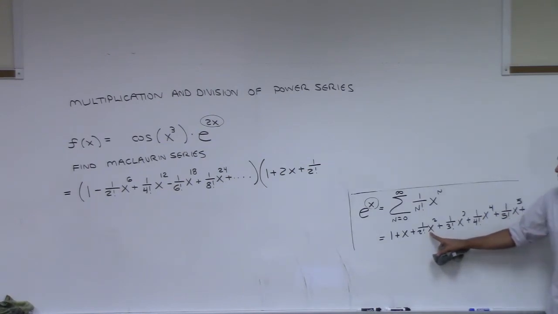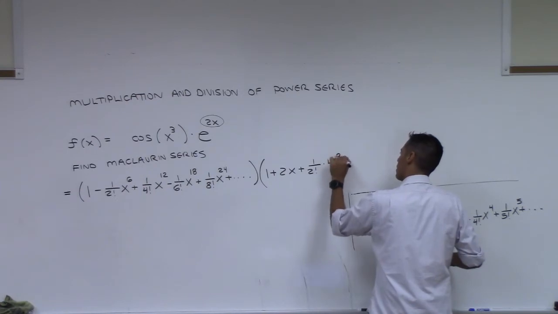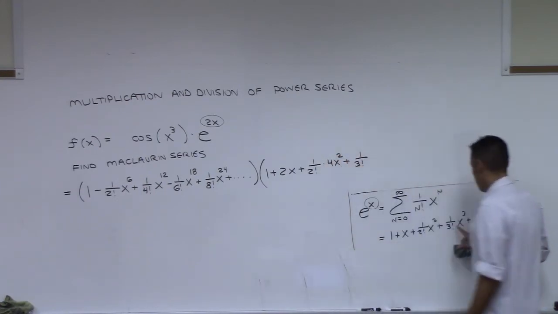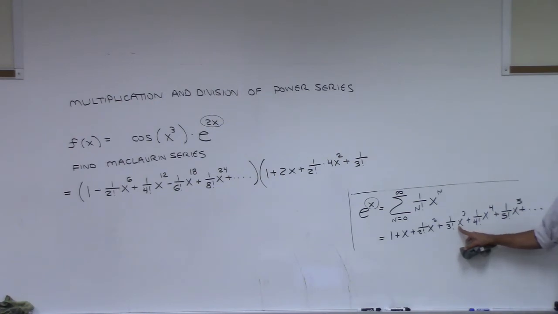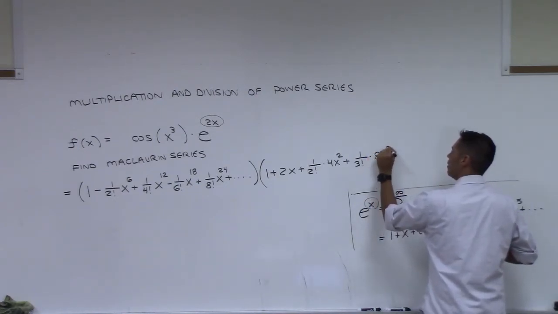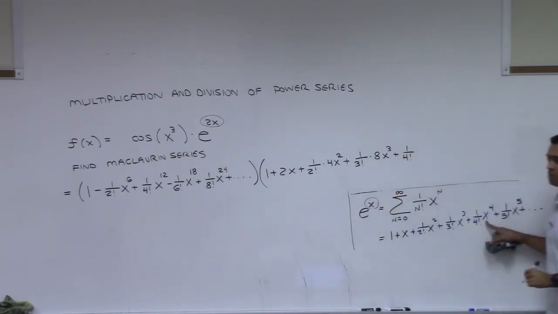which would be 4x squared. Plus 1 over 3 factorial, and now 2x cubed, which would be 8x cubed. Plus 1 over 4 factorial, and now 2x to the 4th, which is going to be 16x to the 4th.